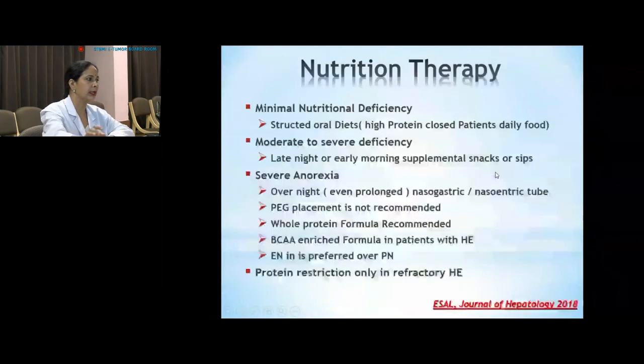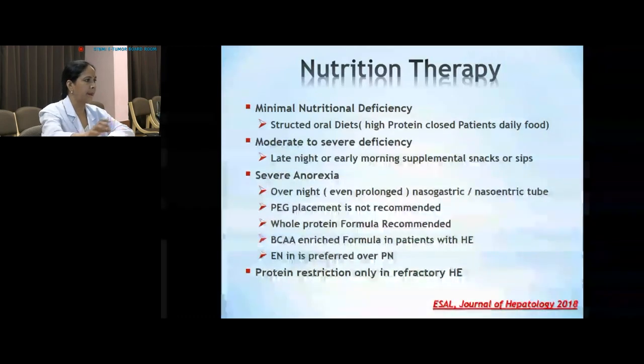Nutrition therapy. Minimal nutritional deficiencies need to be covered and carefully observed and evaluated, so that the patient does not go into a malnutrition state; if he or she does, it needs to be taken care of so it can be covered early.